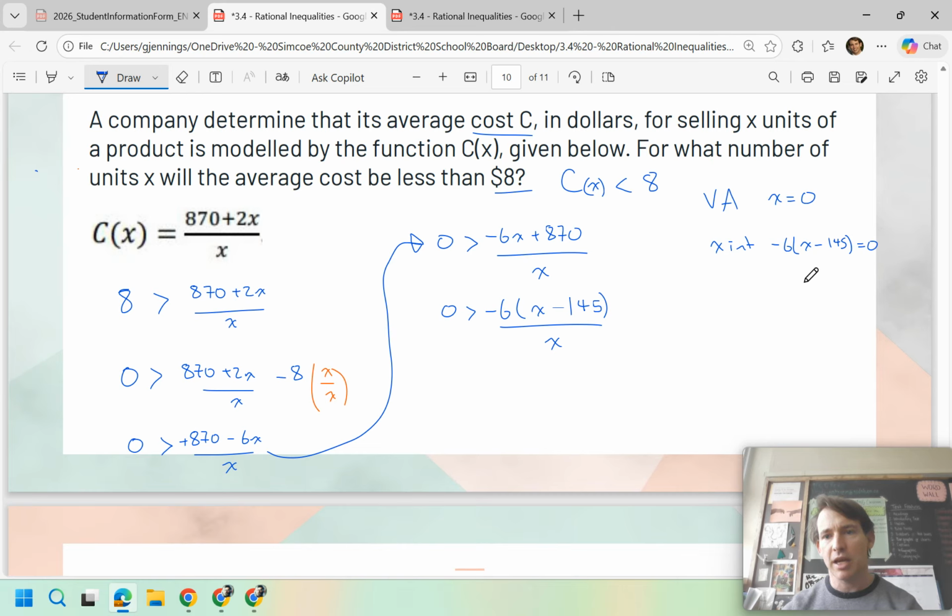That is to say, x equals 145 would make that equal to 0. All right, so there's our key point, (145, 0). Okay, and we want this thing to be less than 0.